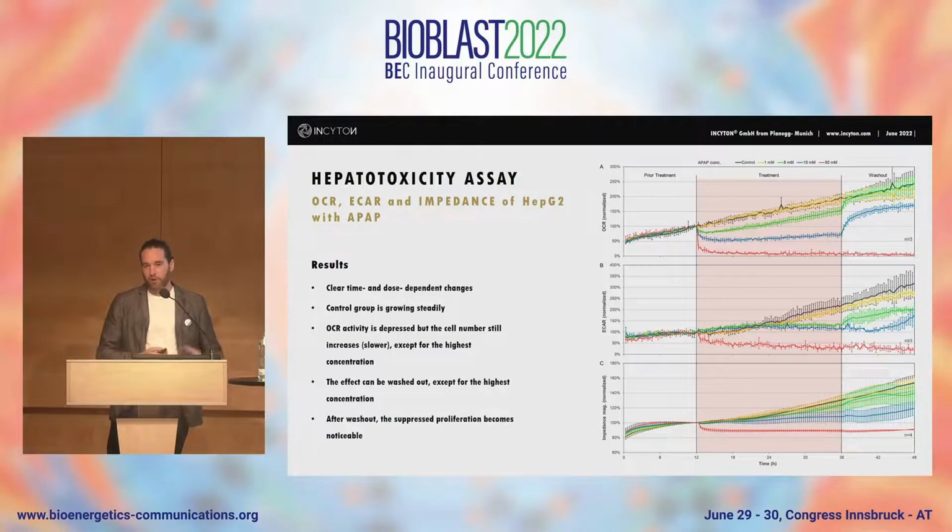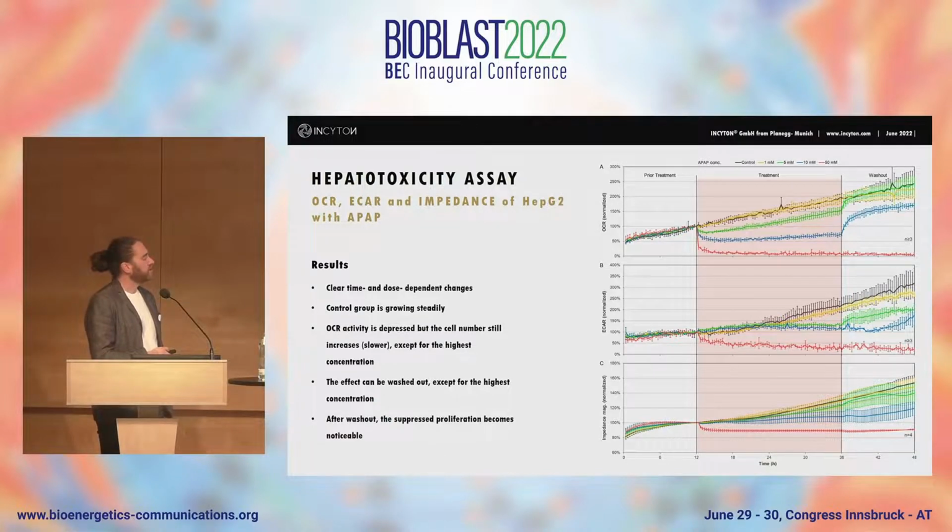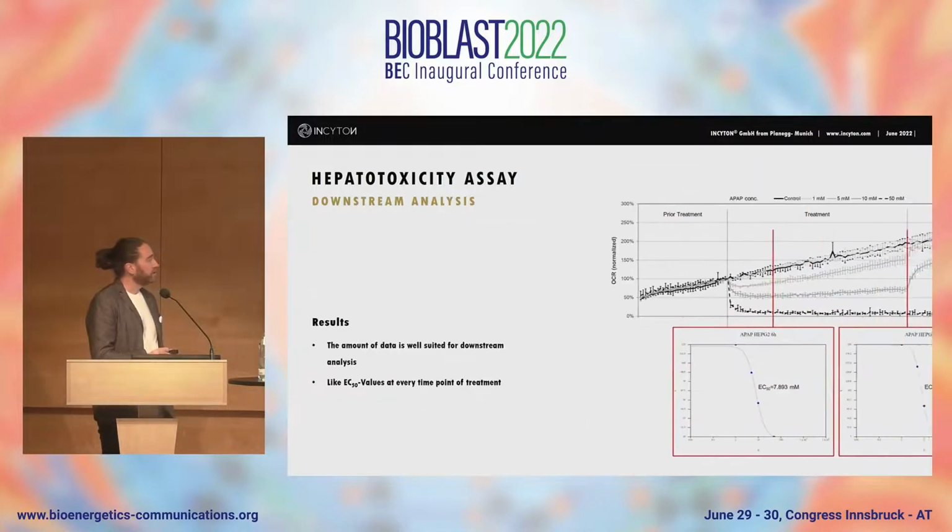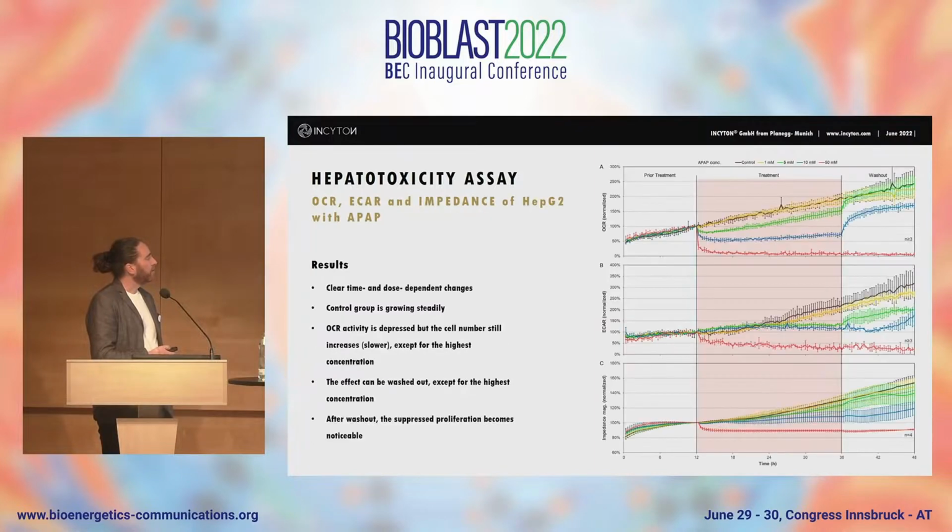I could talk about these graphs alone for 20 minutes because there is already a lot of data out of this one experiment. As a quick description, within the oxygen consumption rate, the extracellular acidification rate, and the impedance data, you get a dose-dependent reaction in all measured parameters, and the cells are able to recover after a washout up to a concentration of around 10 millimolar.